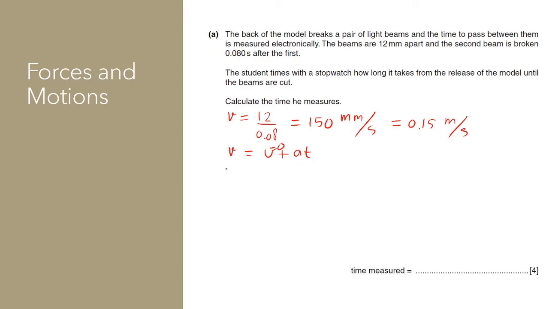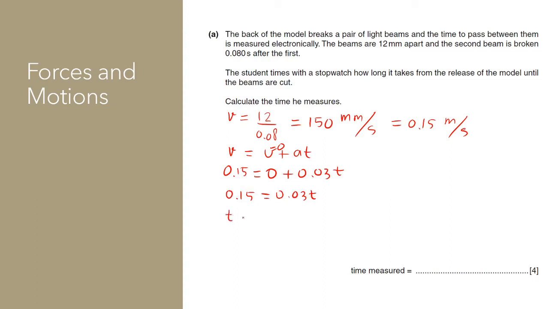Now we can calculate the time. v is 0.15, which equals the initial velocity, 0, plus the acceleration, 0.03, times time. We now have 0.15 equals 0.03 times time.